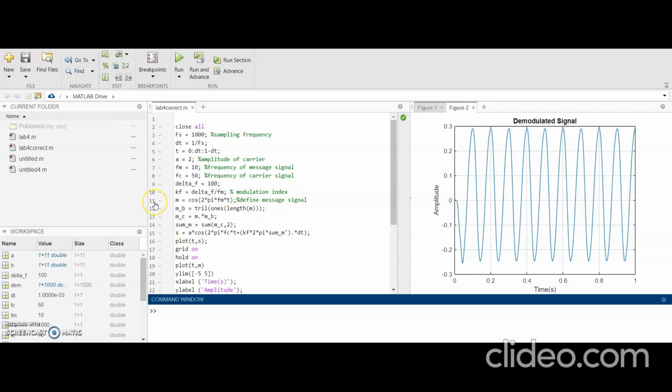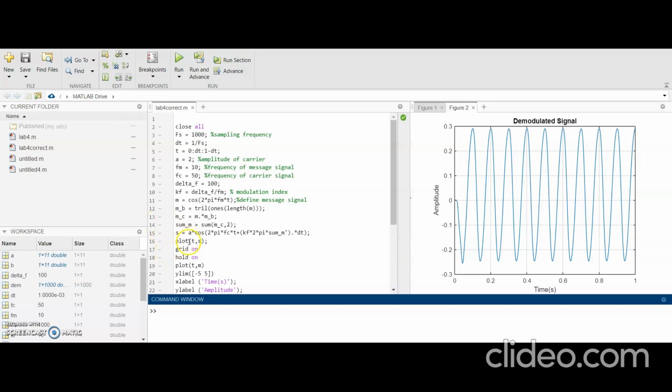From the 11th line until the 14th, we use it to find the integration of s(t) as in the equation that we use. Then the 15th line is used to get our modulated signal.